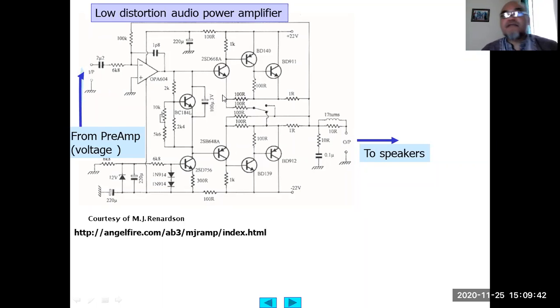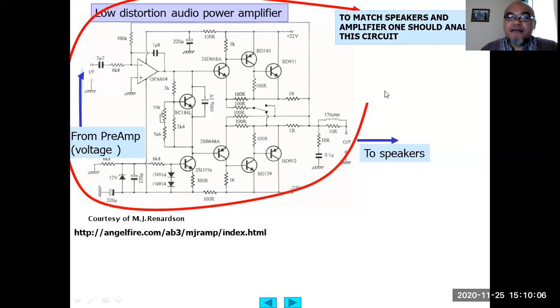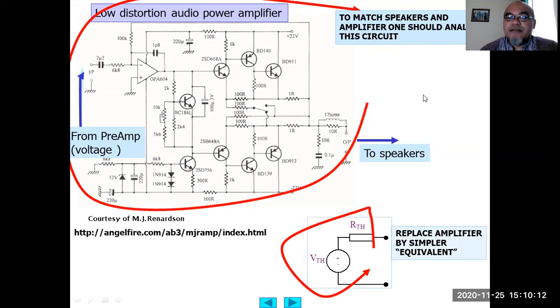So what we can do is hide the majority of the circuit and replace it with the corresponding equivalent circuit, and then we can calculate the important parameters being asked. Yeah, this is the whole circuit. To match speakers and the amplifiers, we need to analyze this circuit.